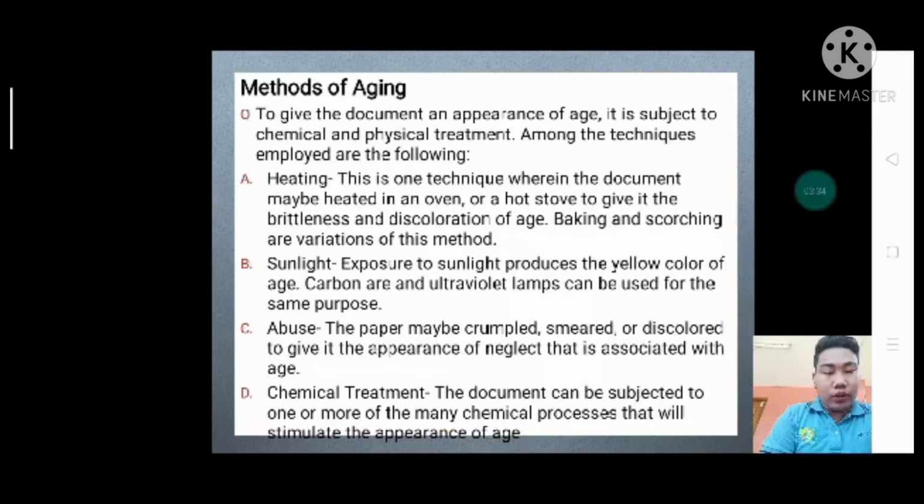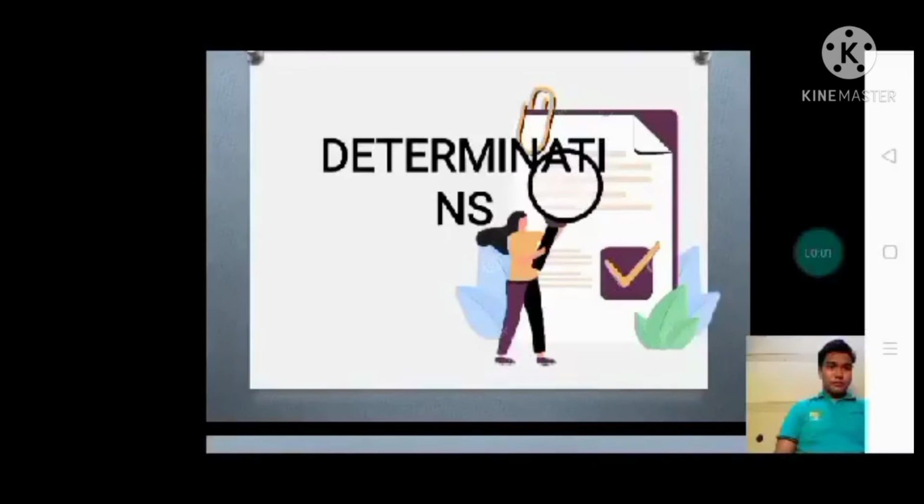Other techniques with the same purpose are carbon arc and ultraviolet lamps. In abuse, the paper may be crumpled, smeared, or discolored to show the appearance of the neglect that is associated with age. Lastly is chemical treatment, done on the document in order to simulate the appearance of age. Examples of chemical treatment are aspartic acid racemization and radiocarbon dating.